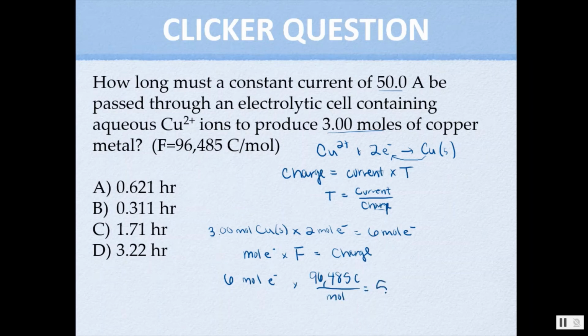And we get 578,910 coulombs. So now I can take my current, my 50 amps, which is coulombs per second, and divide it into the coulombs that I need.